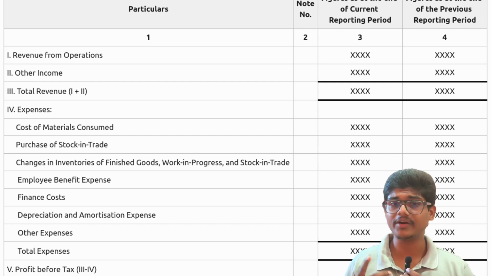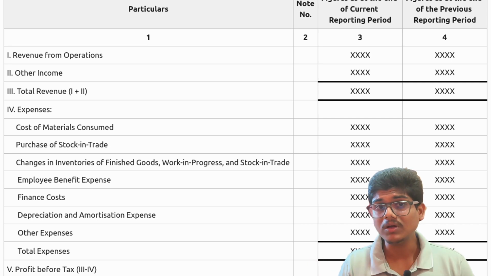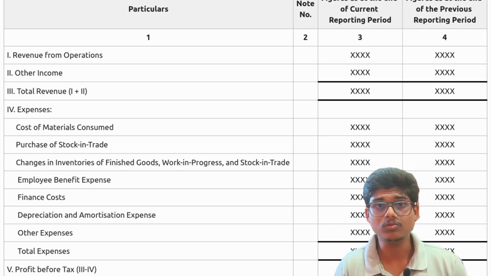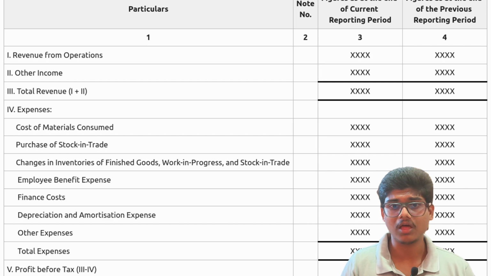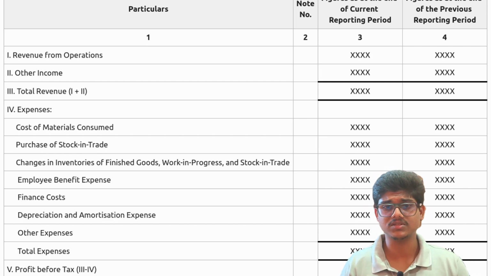First thing is raw material consumption. The amount will be given for how much raw material was consumed to make finished goods. Now the second important thing is employee benefit expenses.